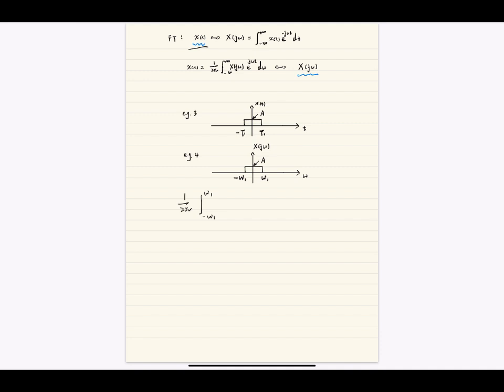For X of j omega, we use this amplitude, a constant A relative to omega, and the basis function e to the power j omega t. Integrate with omega. Place A out of the integration: A over 2 pi, integral from minus omega 1 to omega 1, e to the power j omega t, d omega.